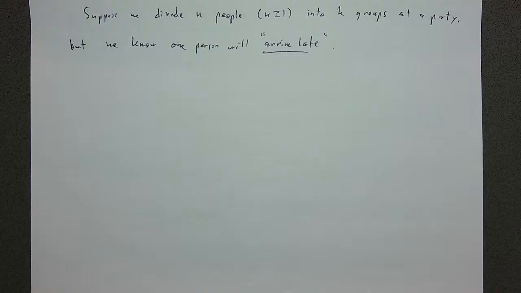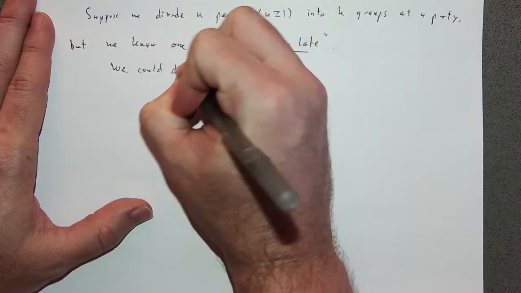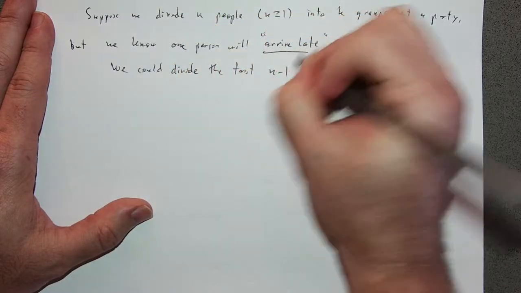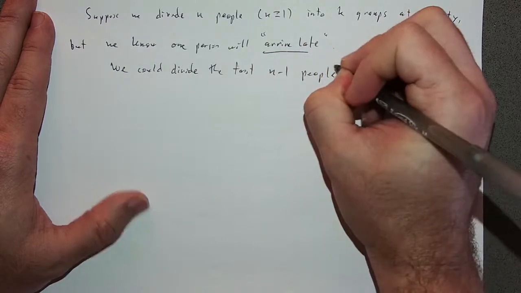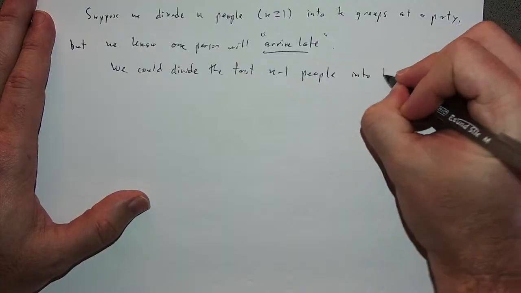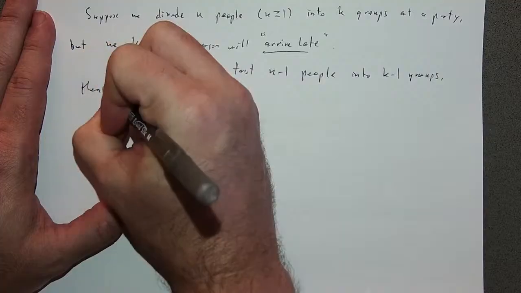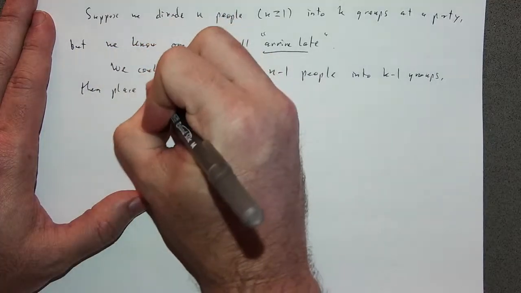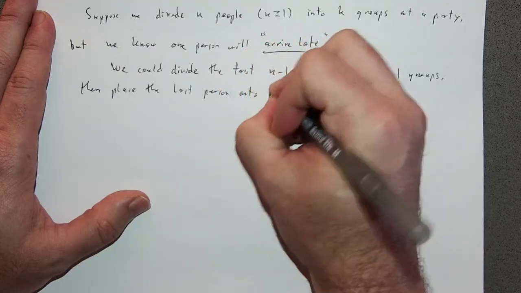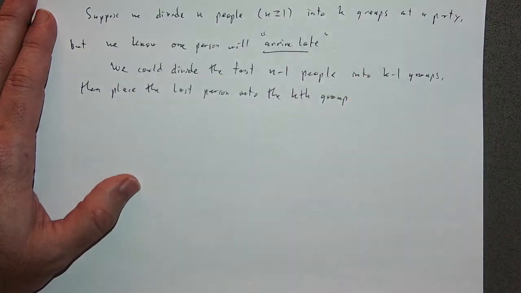So we could divide the first n-1 people that are not arriving late into k-1 groups, then place the last person into the kth group when they arrive.